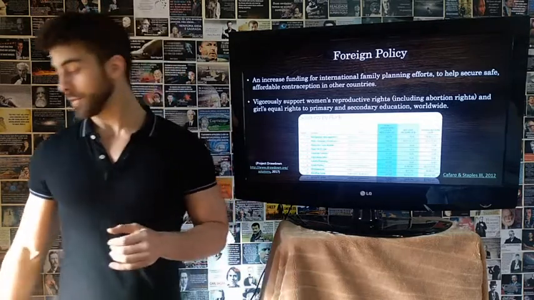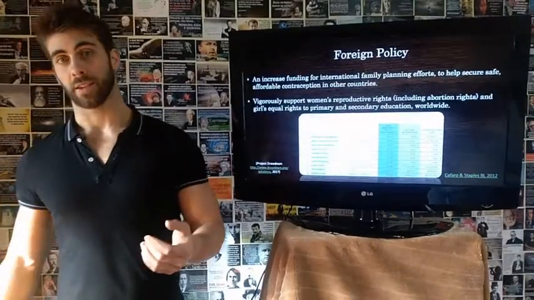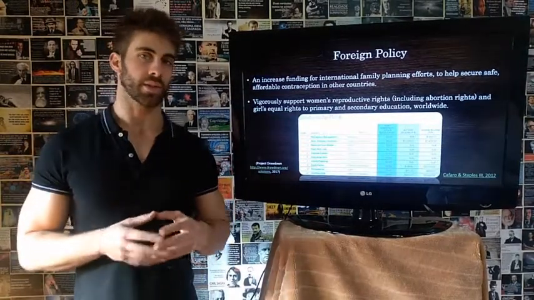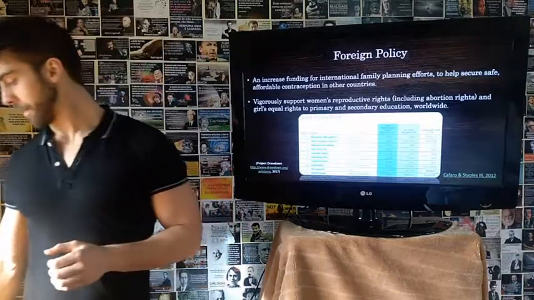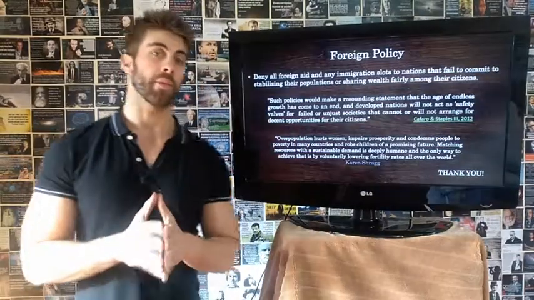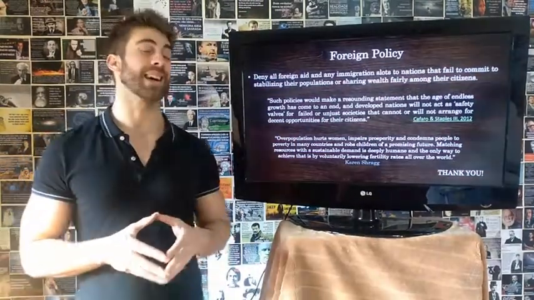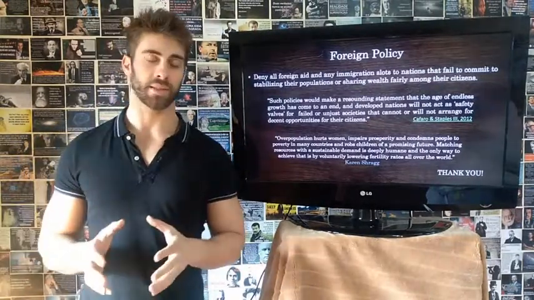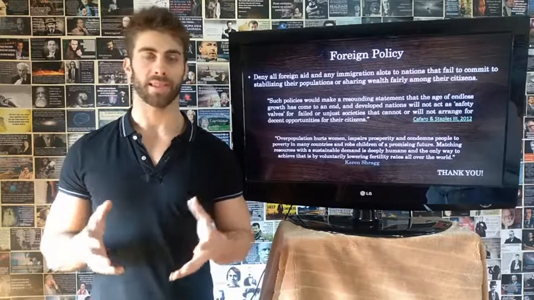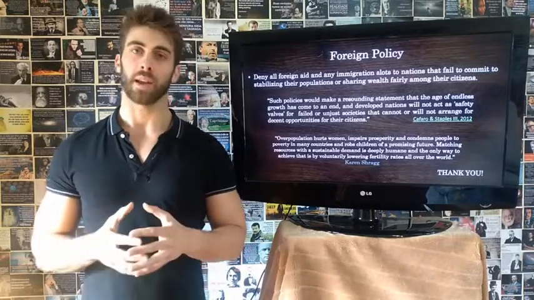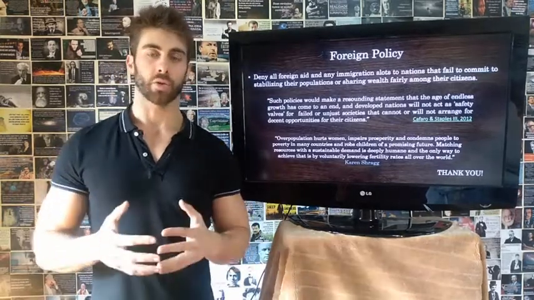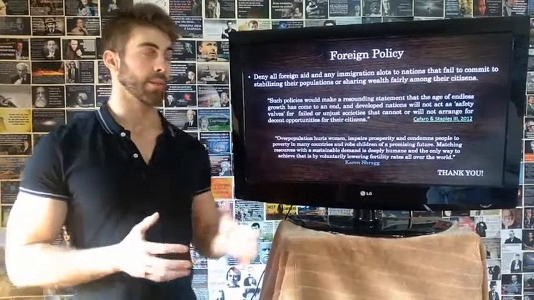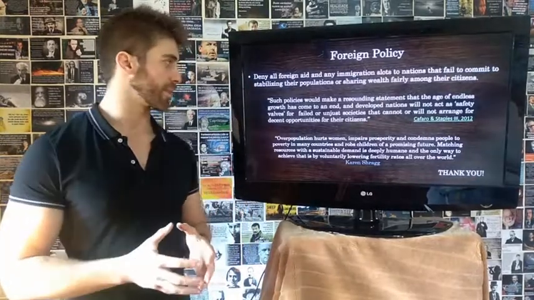So in order to tackle climate change and overpopulation, as well as migration, we all need to focus on these 2 solutions. Finally, and this one is very important, which is denying foreign aid as well as migration slots to nations that fail to commit to decreasing their populations and trying to maintain or control their fertility rates in the country, or sharing the wealth fairly among their citizens.